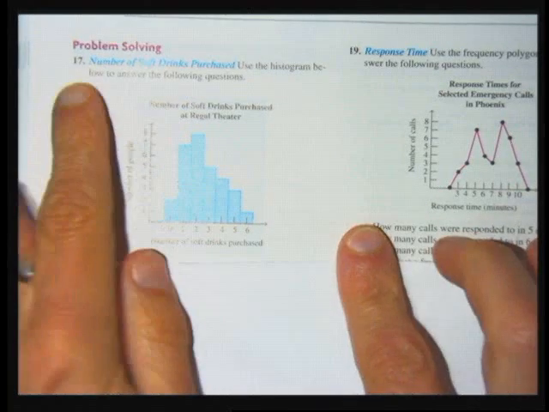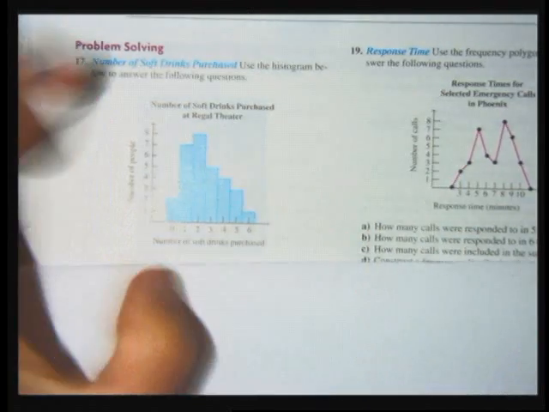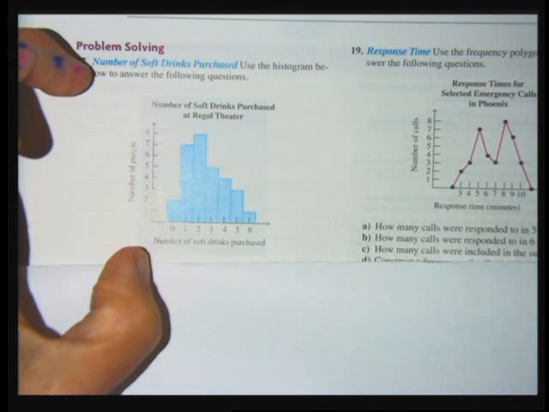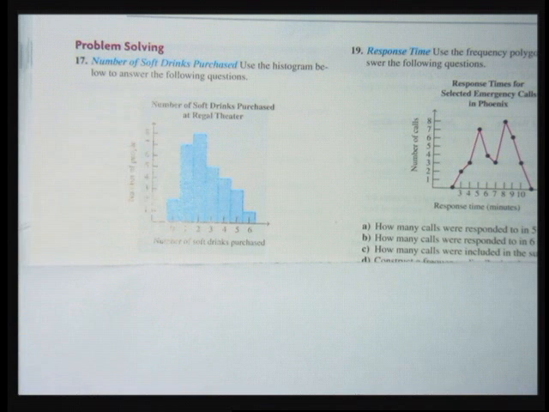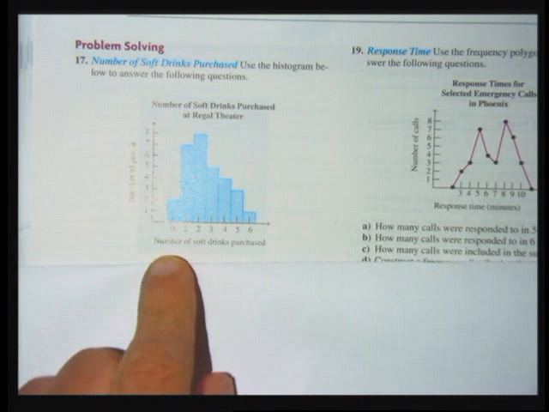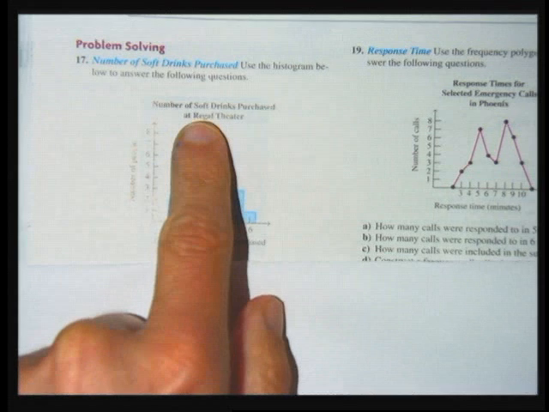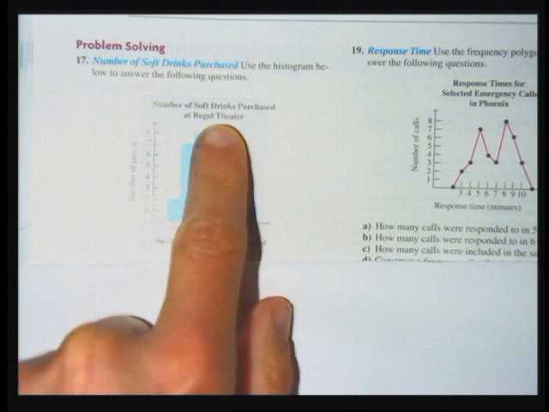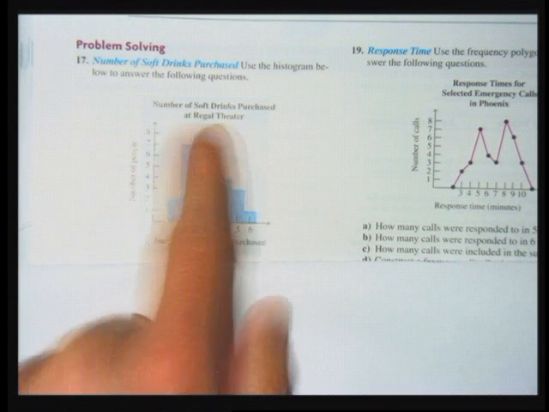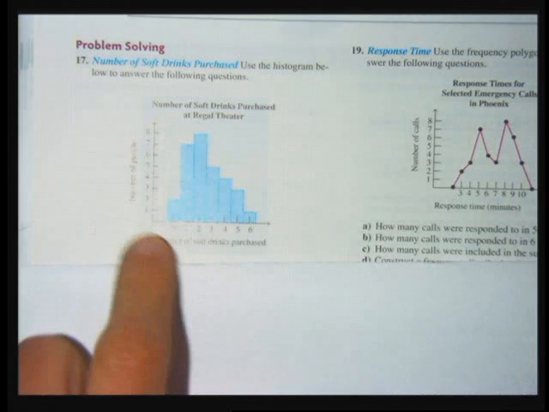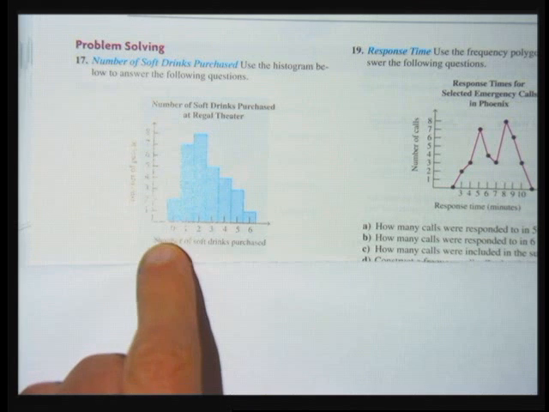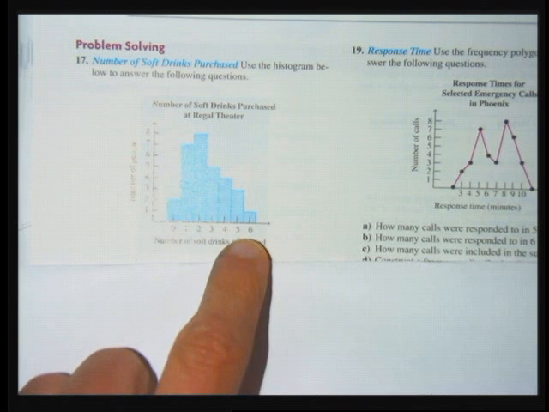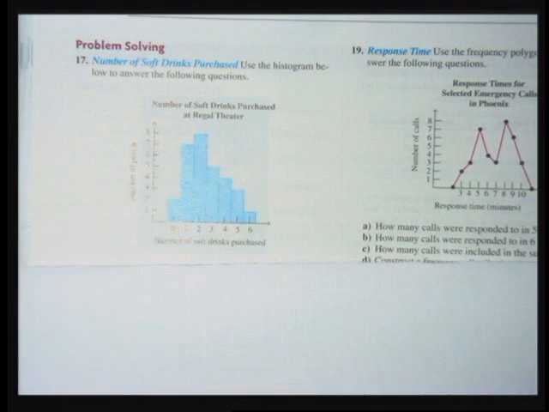Looking at problem 17 without the questions, I see a frequency histogram, or bar chart. People were surveyed at some movie theater and asked how many soft drinks they purchased, between 0 and 6 Cokes, pops, whatever you want to call them.